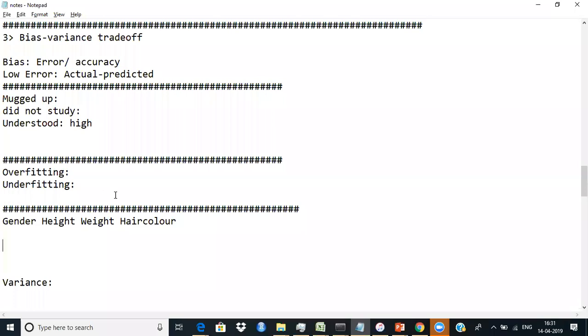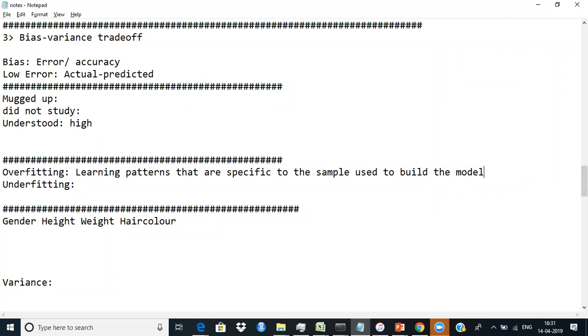So this is known as overfitting. Overfitting is basically learning patterns that are specific to the sample used to build the model, right? Understood overfitting? Okay.